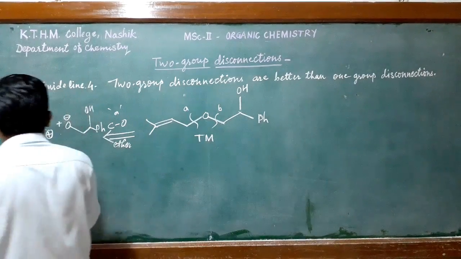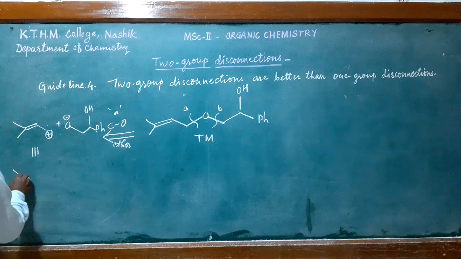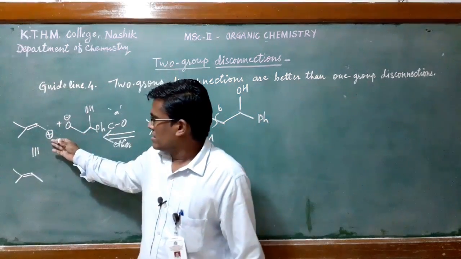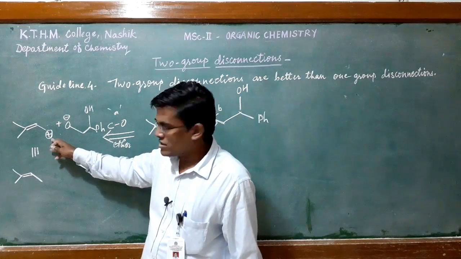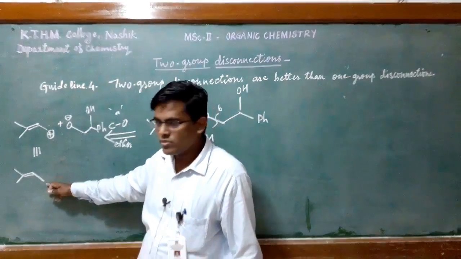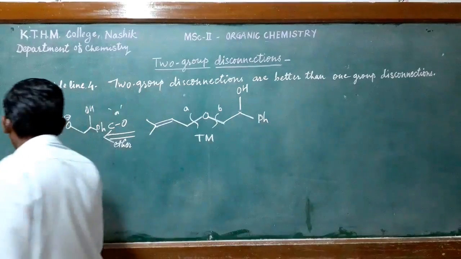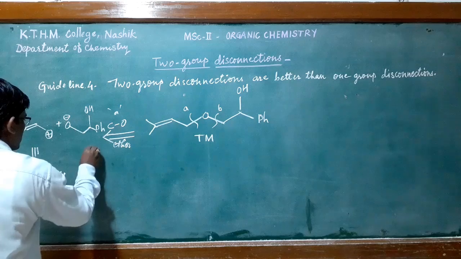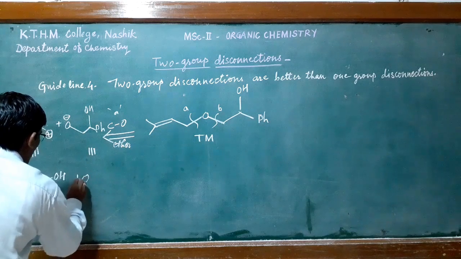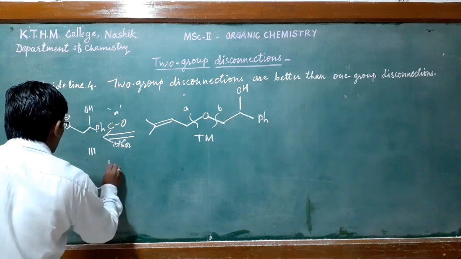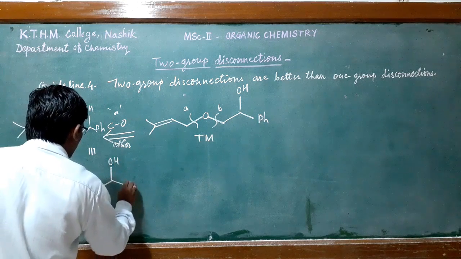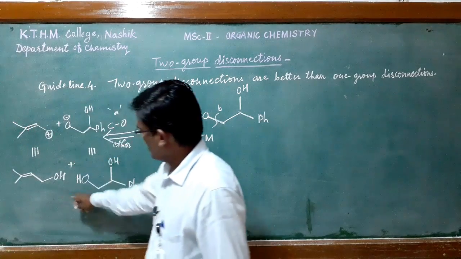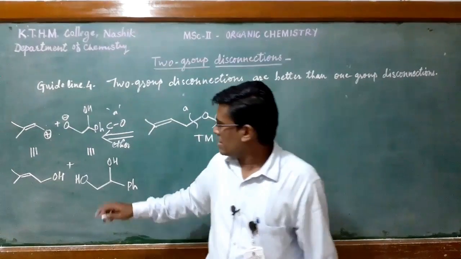Let us translate these into the respective chemical equivalents. Since this carbon has positive charge, we can add chlorine, bromine, or even OH. Let us add OH there, and this can be translated into this OH. So these are the two chemical equivalent reagents.